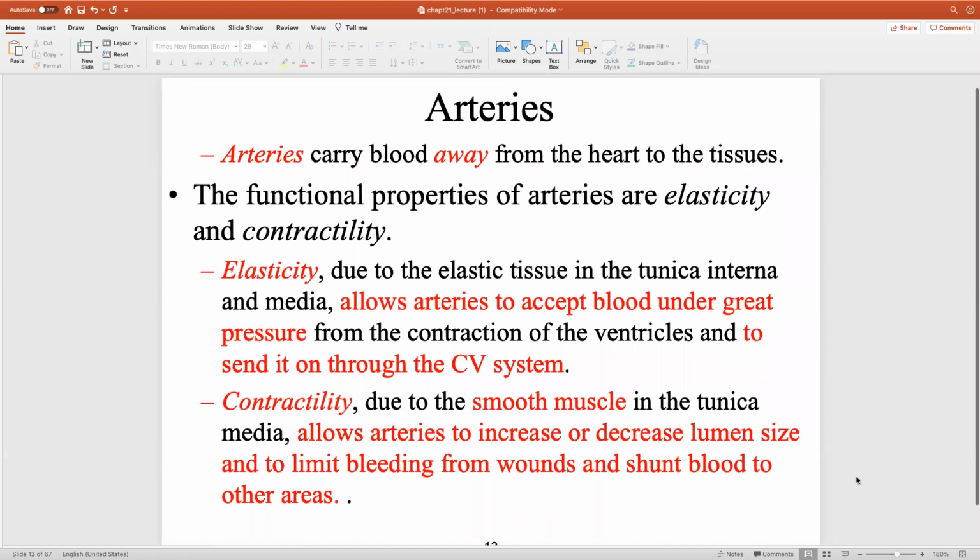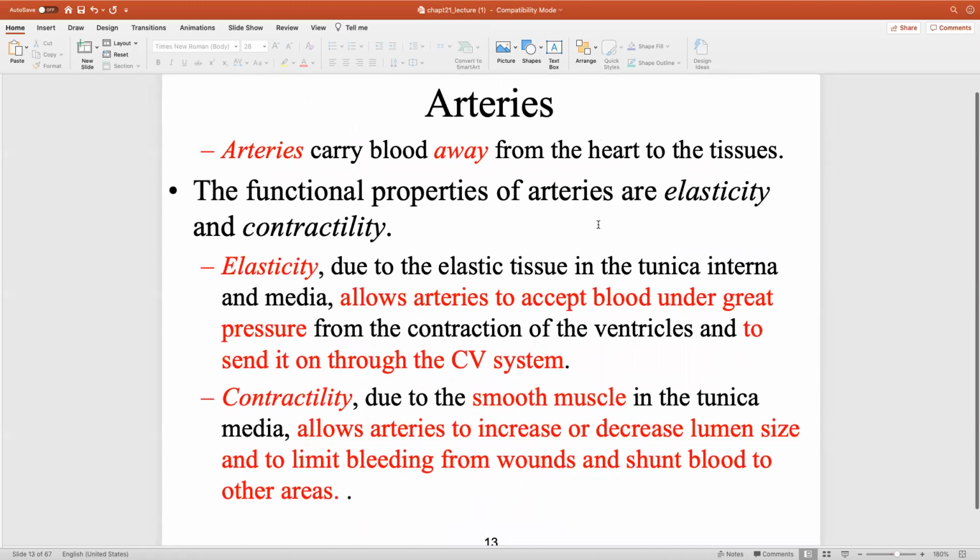Right? So the functional properties of arteries are that they're elastic and they have some form of contractility. Elasticity is due to the increased amount of elastic tissue found in the tunica intima and media, which allows arteries to accept blood under great pressure. Now, if you think about it, the aorta is going to be receiving a lot of blood under tremendous pressure, right?